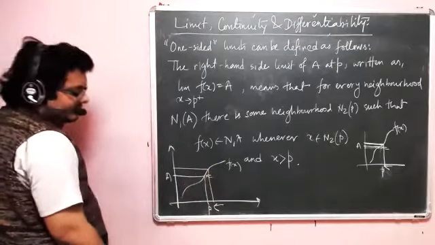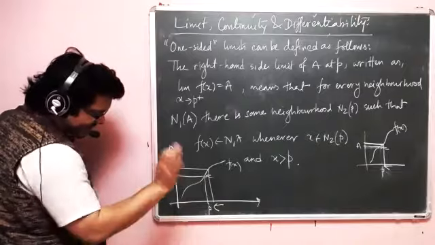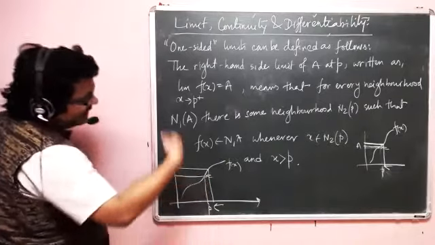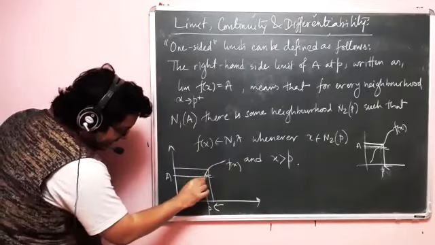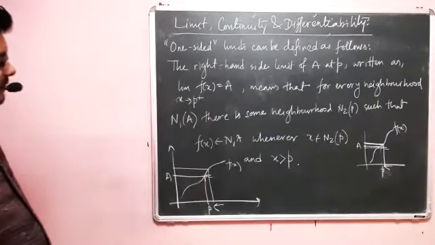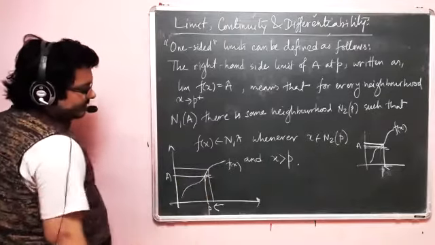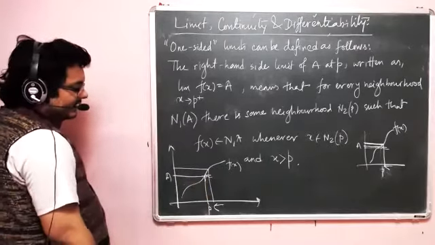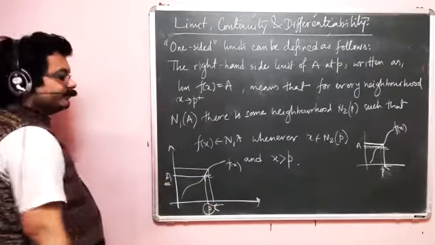Try to understand that the function may not exist here, I have no issue. Or the function may have some different value at specifically P. But I'm interested in what happens on the right side of P. That's what we are interested in. And then only I can say that the limit of the function around P is this A.